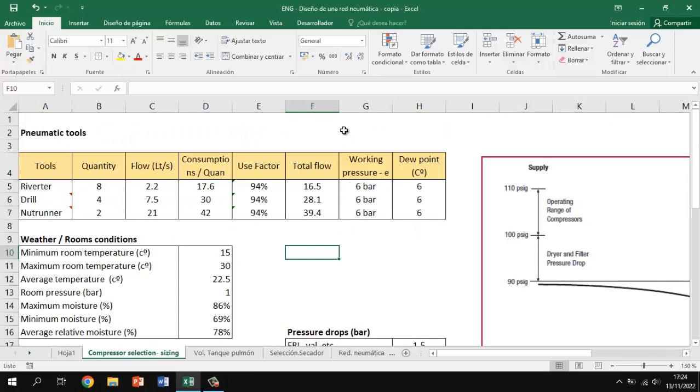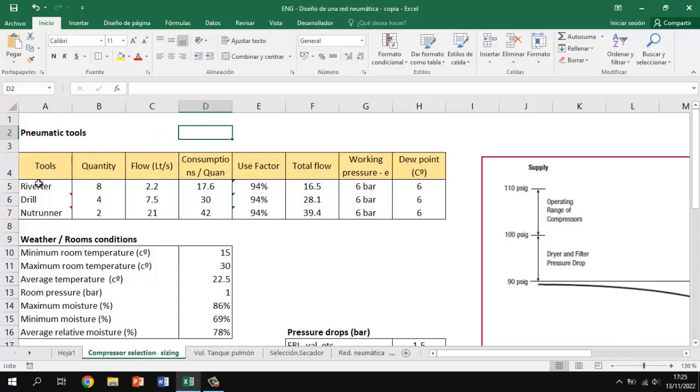I imagine a situation with a pneumatic system. It could be in a tool shop or a factory, whatever. So I put these pneumatic tools. This is a case of a reverter, drill, nut runner. Imagine that you want to assemble a product and you need these tools, or for something in a paint shop, you have pneumatic tools.